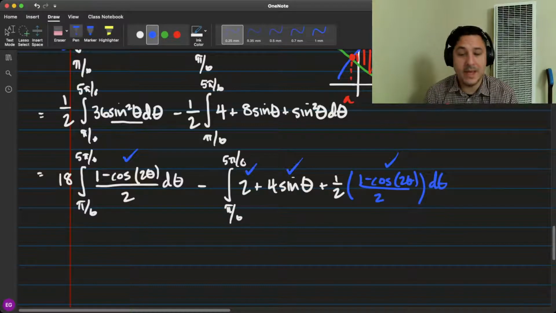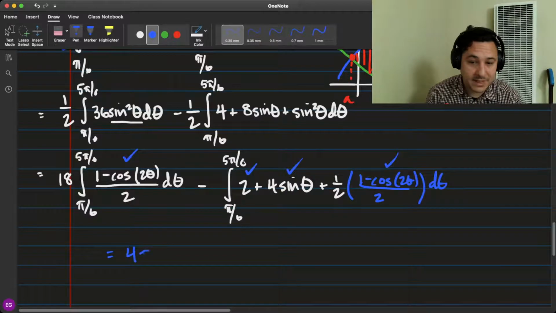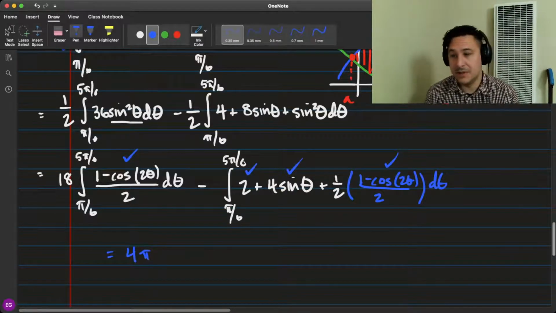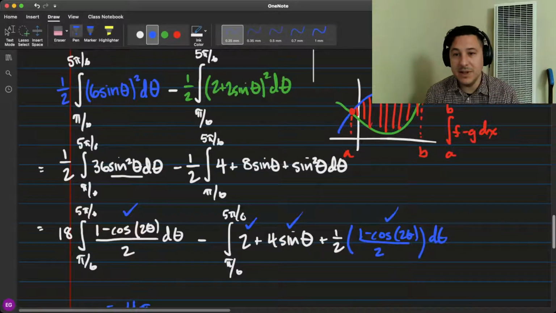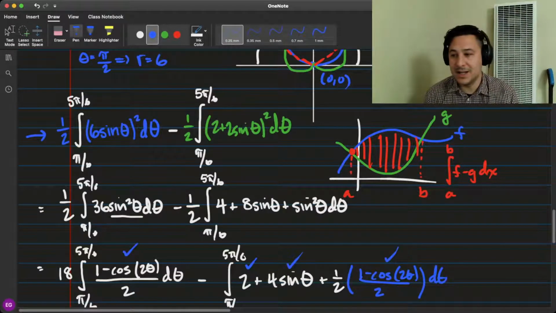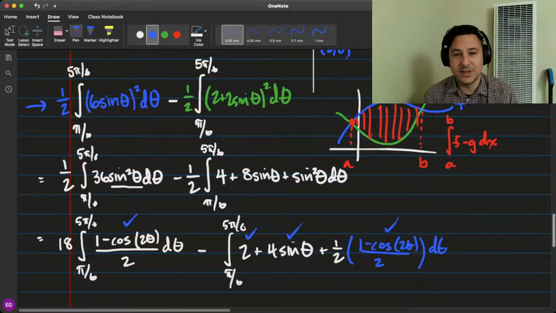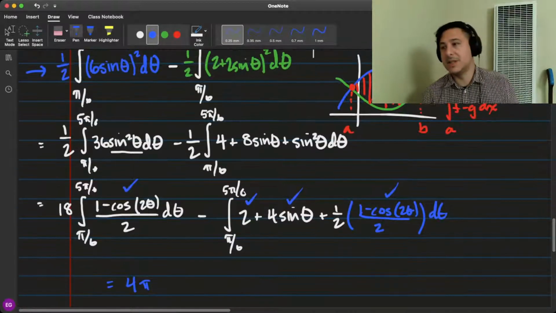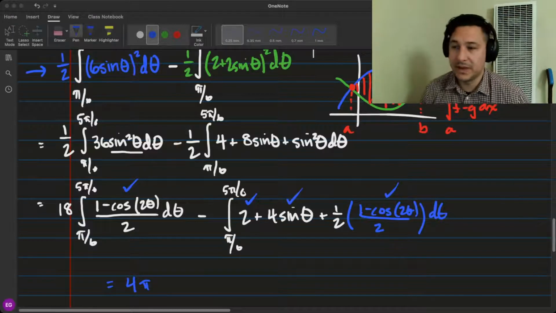What we care about is how we set this up. You end up getting 4 pi for all of this after some canceling. What I'm really concerned about here is the setup and understanding the picture we've got here and the use of that. And I don't want to spend another 10 minutes simplifying all this. Sorry.